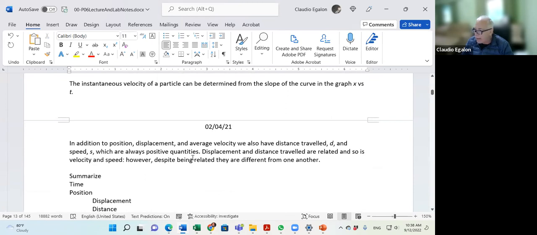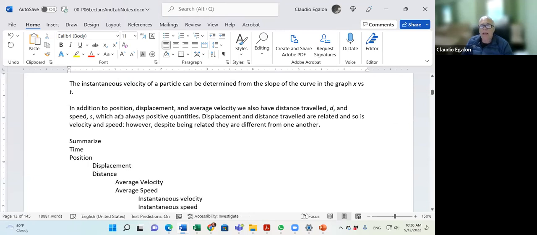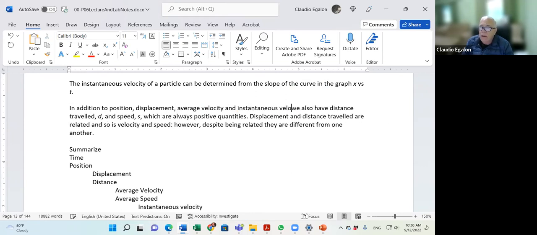Okay, what else? We are going, let me erase that. What else do we have in addition to position, displacement, average velocity, and instantaneous velocity? We also have distance traveled d and speed s, which are always positive quantities.